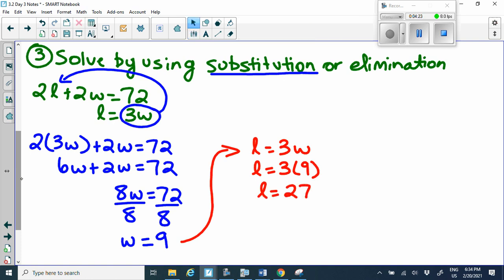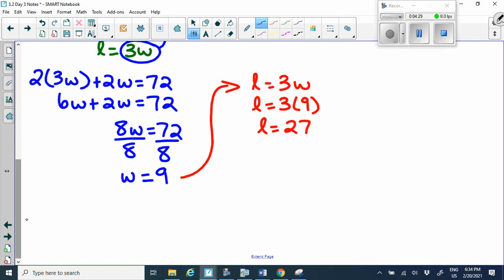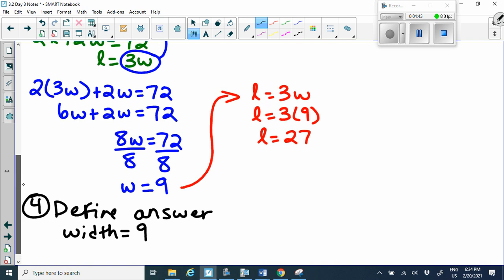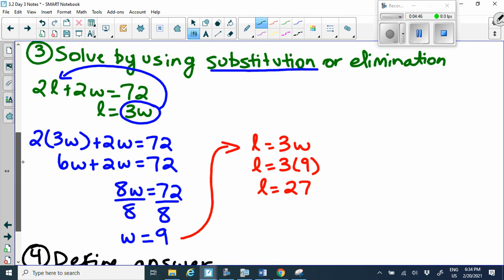Okay, now from here, we need to define our answer. Because having just 27 and 9, well, that doesn't mean anything, okay? Okay, so W is our width, so we said 9. Now, we do need to check if we have any units. So I'm going to go back up to my problem to see if I do, okay?